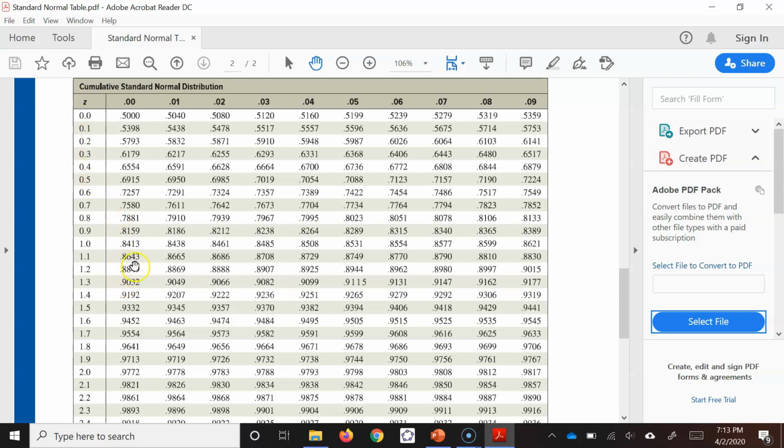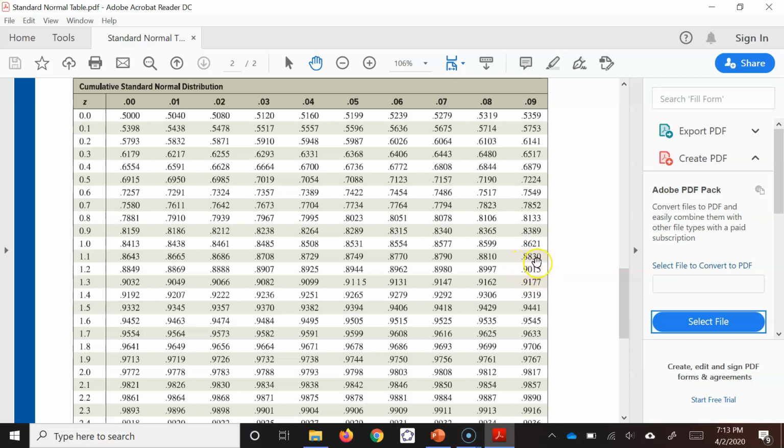So let's come up into this row and come over to the side. Let's see, 1.28 has an area of 0.8997. That's pretty darn close. 1.29 will be here, a little bit over 0.90.